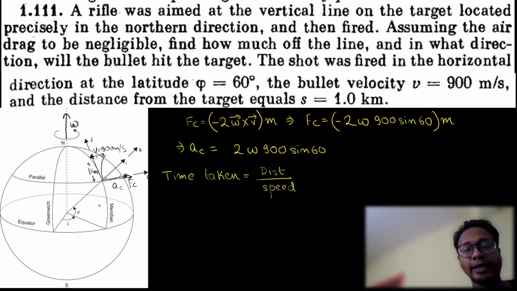This is the time taken for this bullet to travel 1 kilometer, and in the same time the bullet will deviate along x-axis with the Coriolis acceleration.